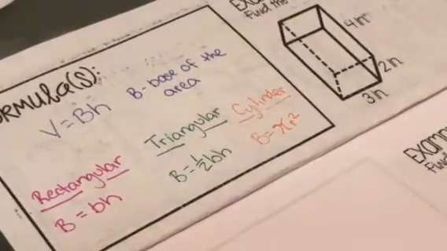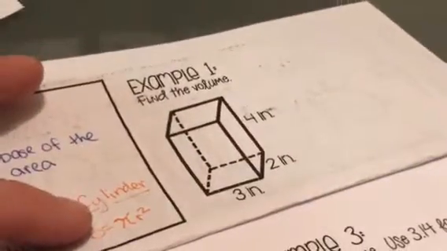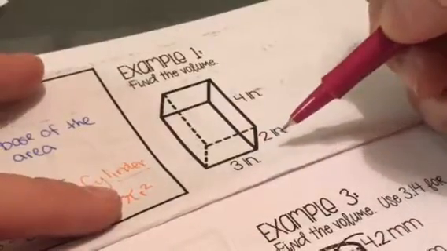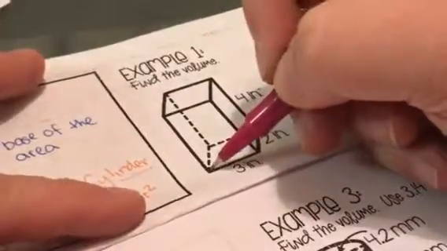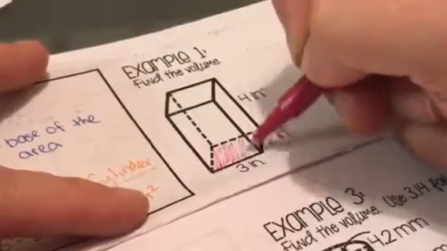So the first one we're going to go over is the rectangle, which is right here. So find the volume. If you know that this is 2 inches and that's 3, we know this is going to be a rectangle bottom. I'm going to go ahead and color that in.